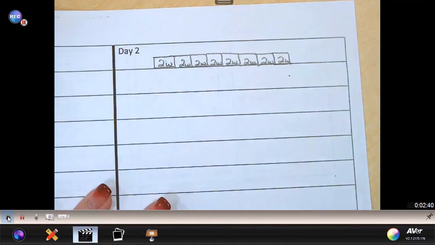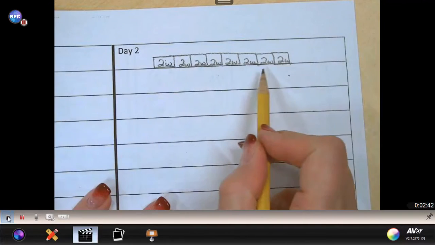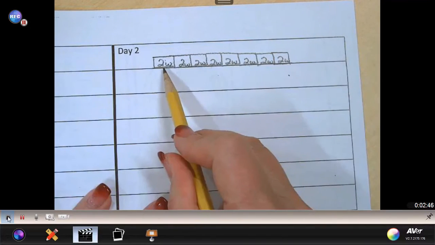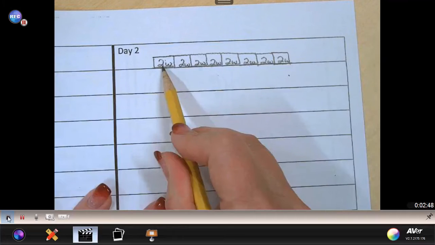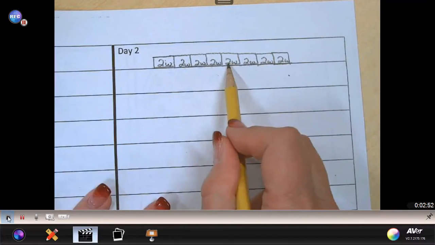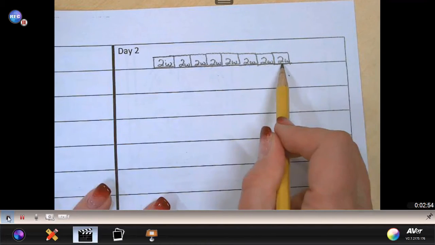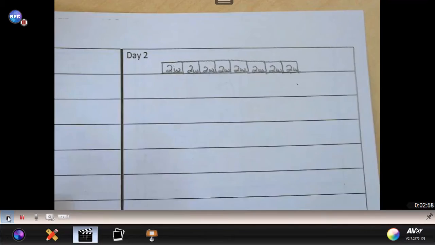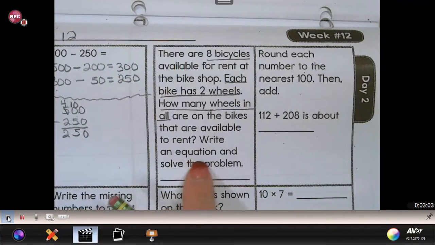So now they want to know how many wheels there are. Now, if you notice, if I were to add up my wheels, I could say 2, 4, 6, 8, 10, 12, 14, 16.